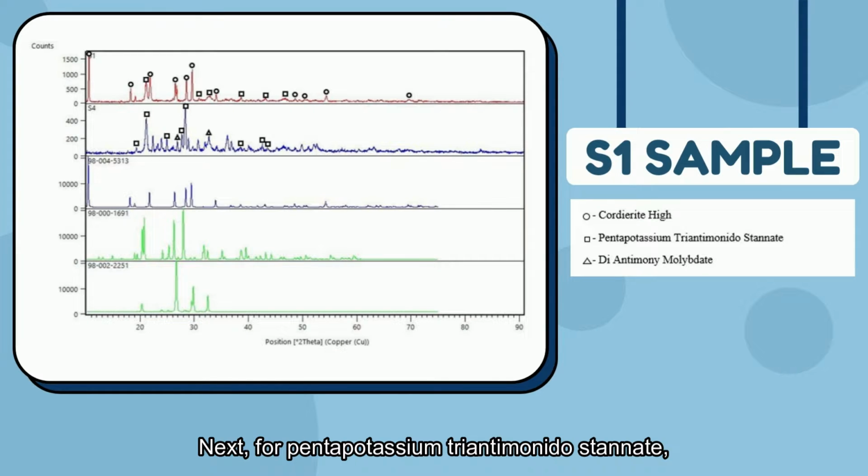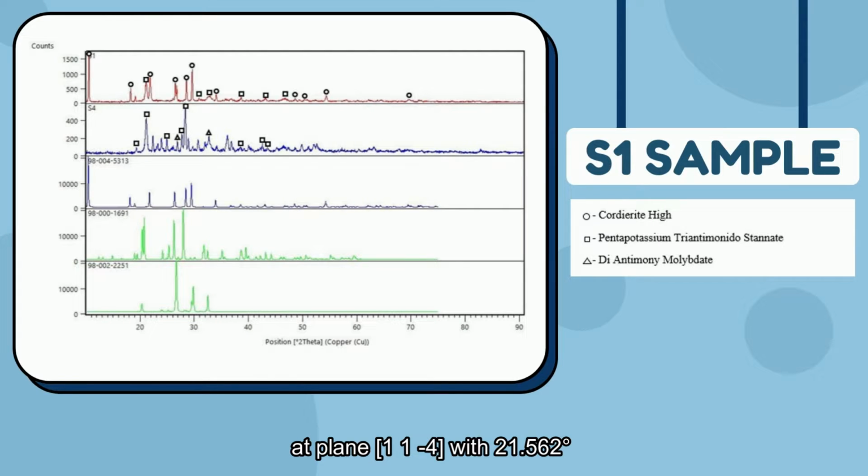Next, for pentapotassium triantimonidostannate, the strongest peak is diffracted at plane 11-4 with 21.562 degrees, and the second strongest peak is diffracted at plane 006, which is 49.2. No peak is diffracted for diantimony molybdate at any plane.